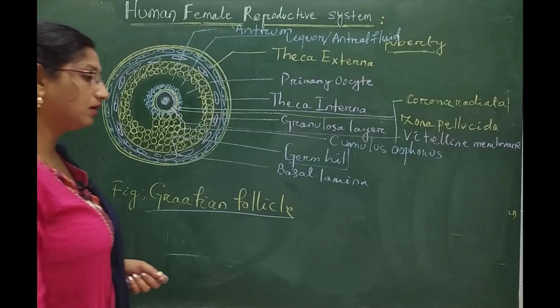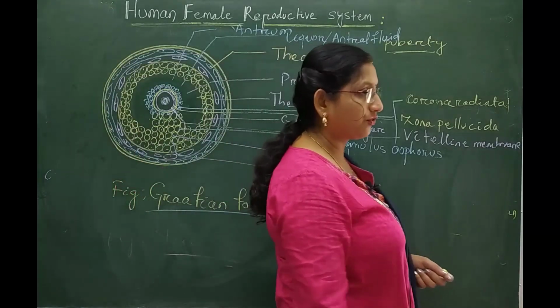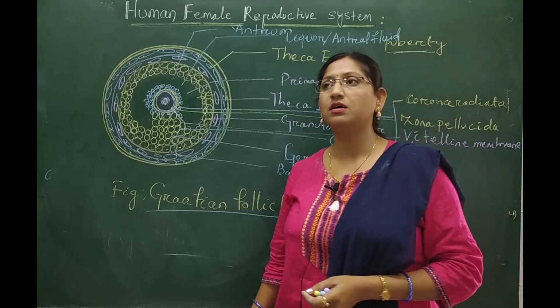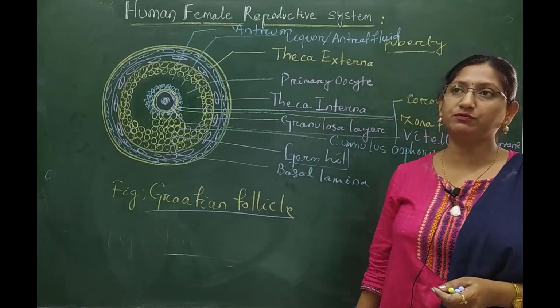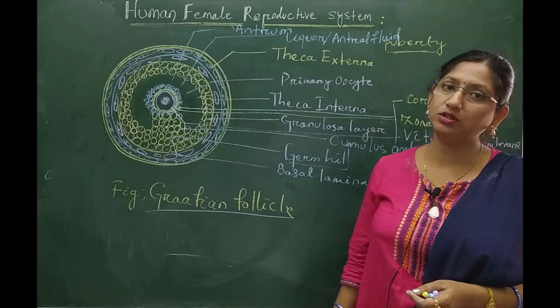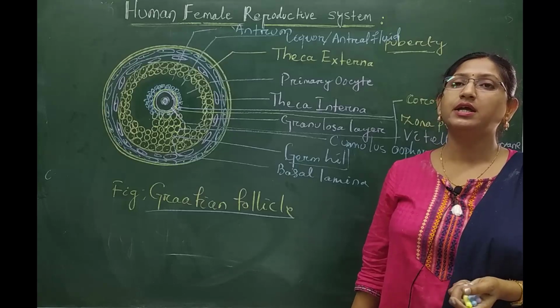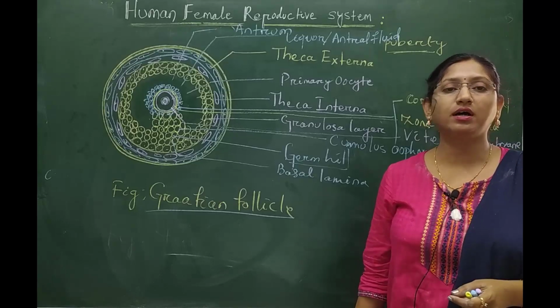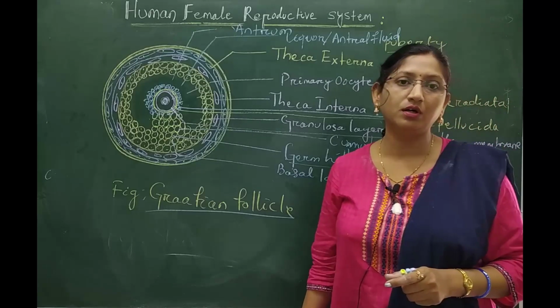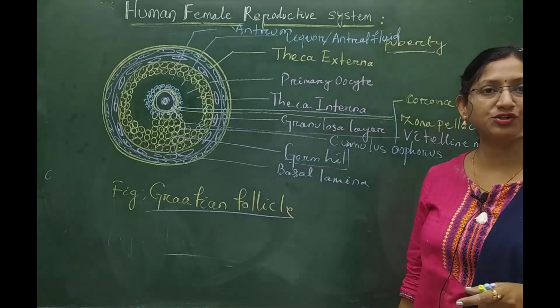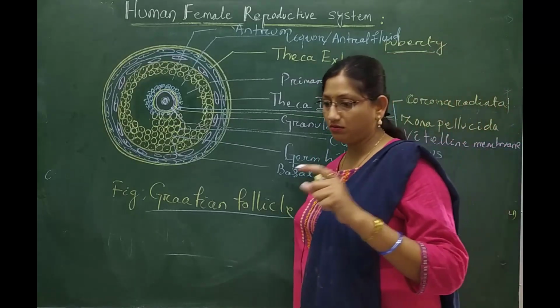So, this is all about the ovarian structure. If the ovary is asked as a short note of 3.5 marks, you have to draw the internal structure of the ovary, explaining the different stages of the development of the follicles with the internal medullary structure as well as the cortical part.